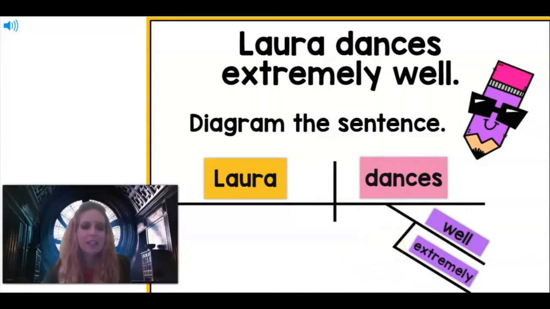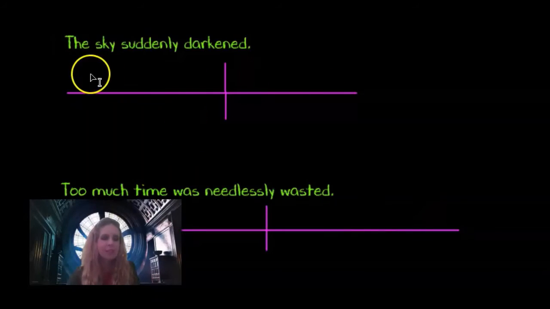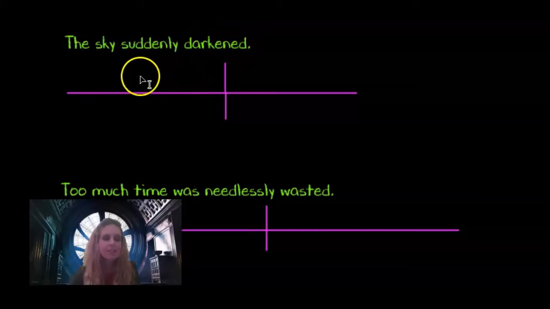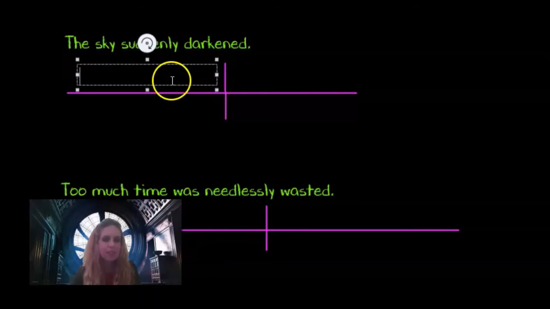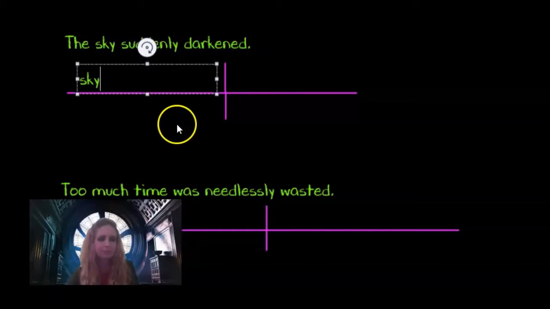All right, so now let's take a look in your book at some examples that you're going to be working on. Okay, so let's take a look at this example here. The sky suddenly darkened. Okay, well, we need the subject. What is the subject in this sentence? Well, it is sky.